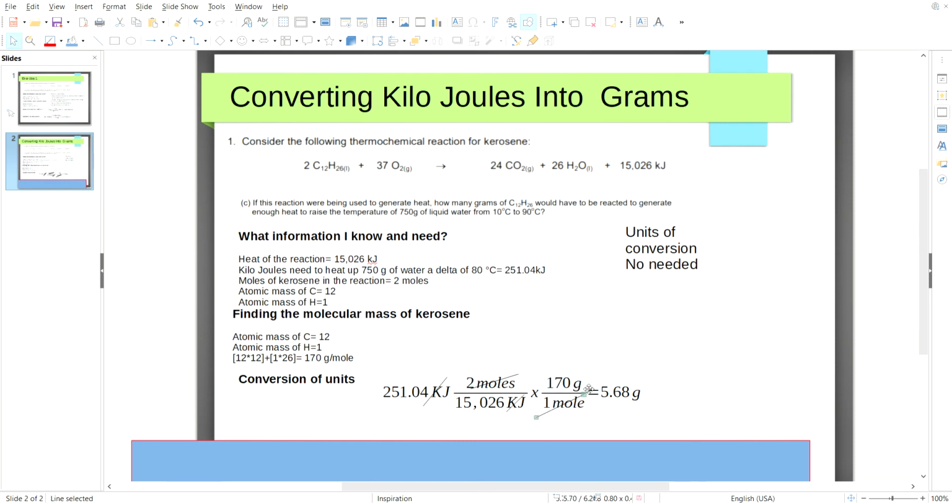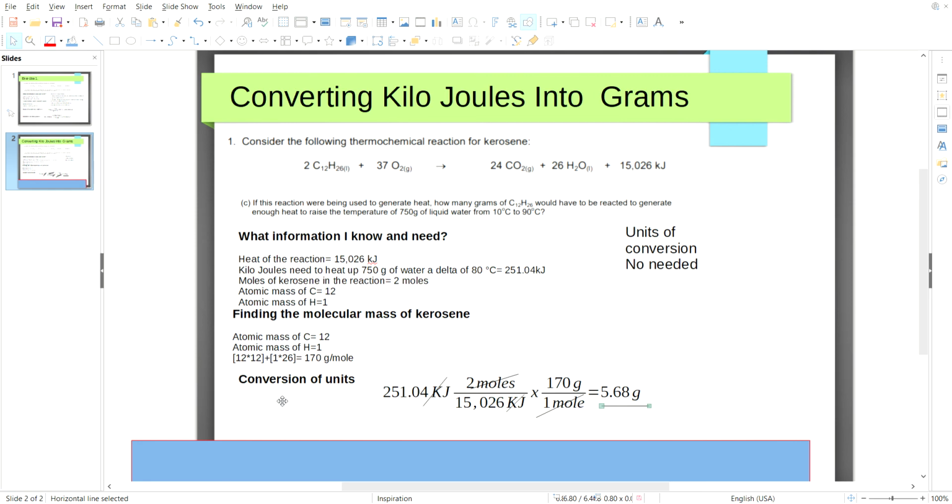And we got here grams, which is the unit asked by the exercise, right? How many grams? And check, our final value is also grams, which is this one over here, right? So it means that our exercise is okay.